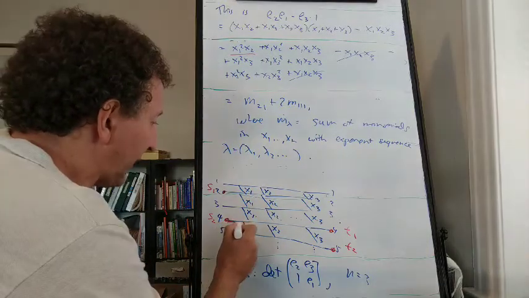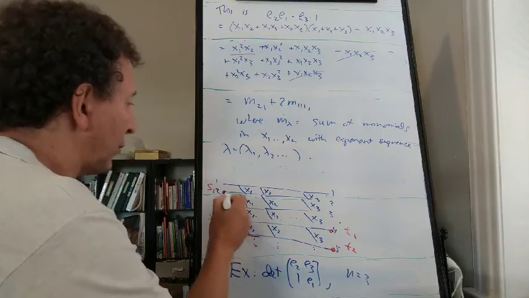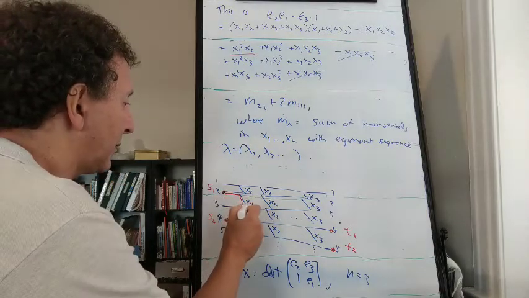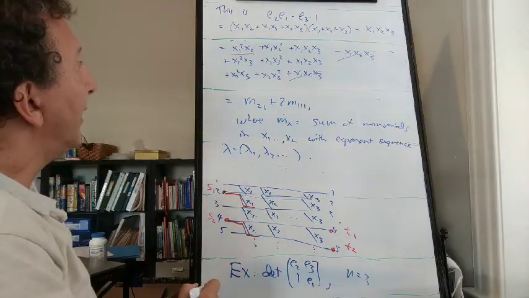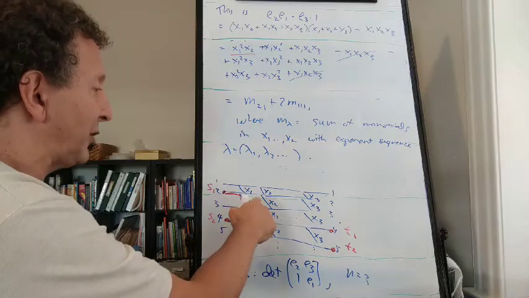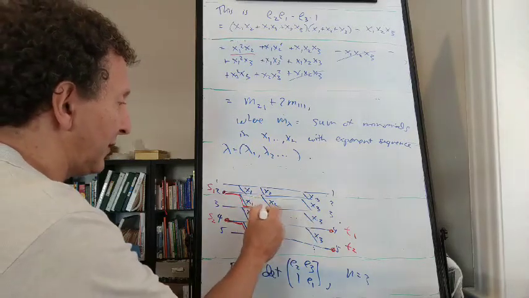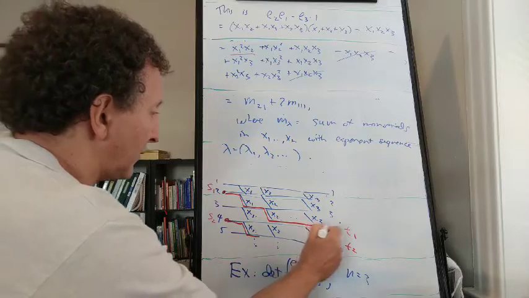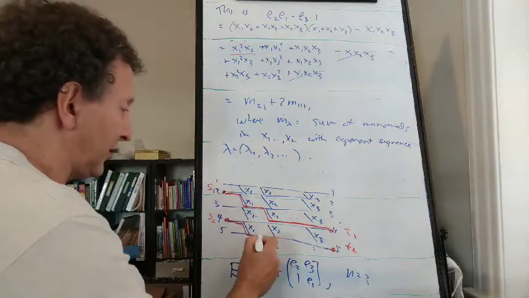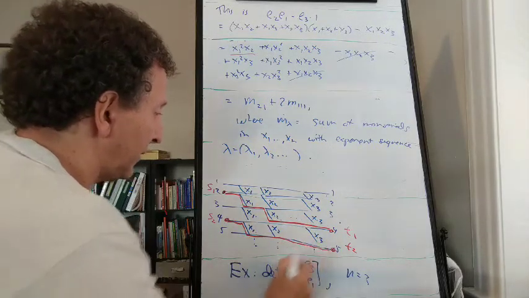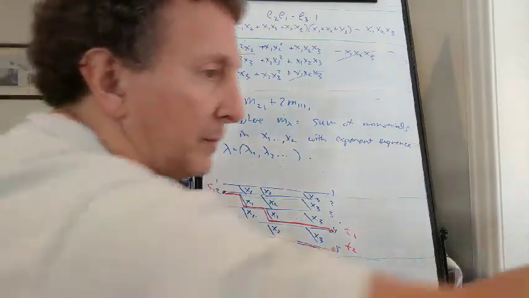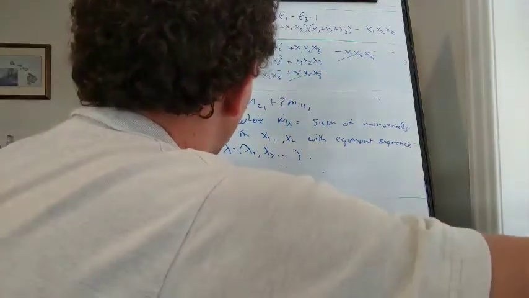So I guess both paths have to take an x1. And then an x2, well, the first path has to go down one more level to get here. So there's a path of weight x1, x2, and here's a path of weight x1. Maybe we can do one more.